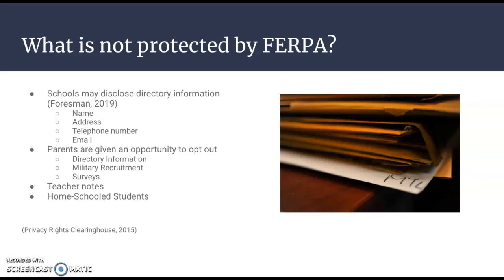So just like at the beginning of the school year when we're creating a student directory to share with families so they can connect outside of the school setting to set up play dates and things like that, we always give our parents an opportunity to opt out of that. That is something that FERPA asks that we do. Even though we can share that information because it's not protected by FERPA, we should offer the parents an opportunity to opt out in case they don't want their child's information shared.